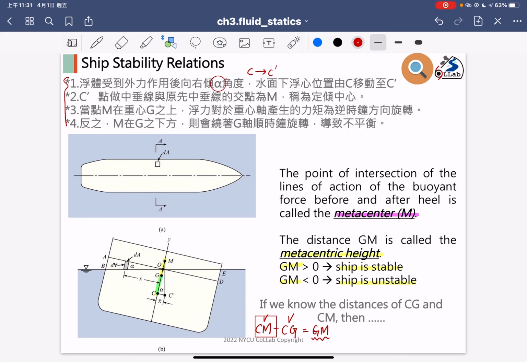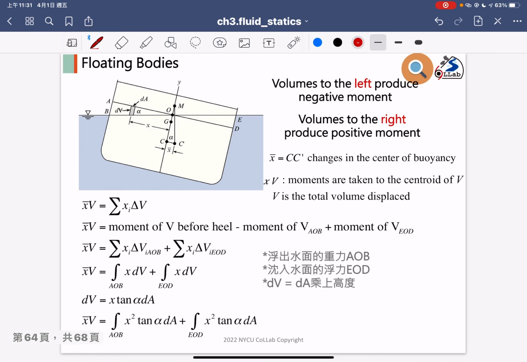Okay, if your body is symmetric, then you can easily figure out where the C and G are. Okay, so later we have the exercise. So right now our purpose is how can we compute the CM? Okay, so we go to the next slide.